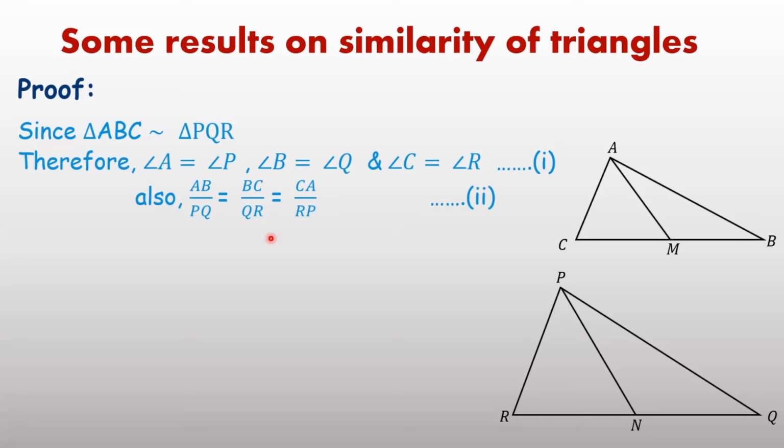Equation second. The first and second equations I have written from the definition of similar triangles. Now it is also equal to the ratio of medians, which we are going to prove from here.